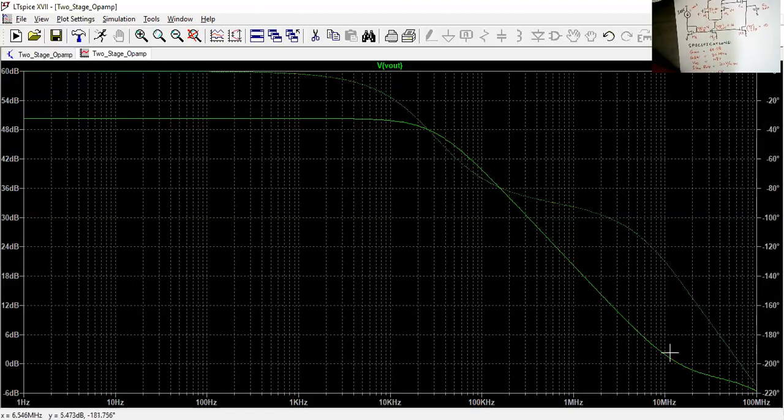For the unity gain frequency, where the y-axis is almost 0, meaning 0 dB, the frequency is almost 3.8 megahertz. At the same unity gain frequency, if we go to the phase plot, we can see around minus 140 degrees, which gives me a phase margin of 39 degrees.